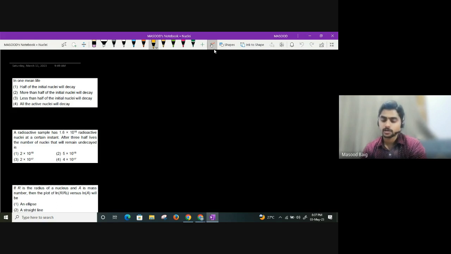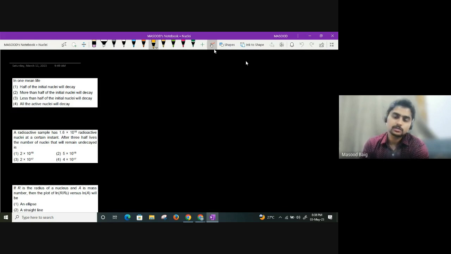Now, whenever we consider heavy elements, they have a very low value of binding energy per nucleon. Whichever elements have a constant value of binding energy per nucleon will be called stable elements. Whichever elements have a very low value will be unstable.